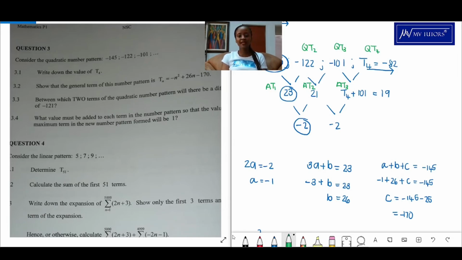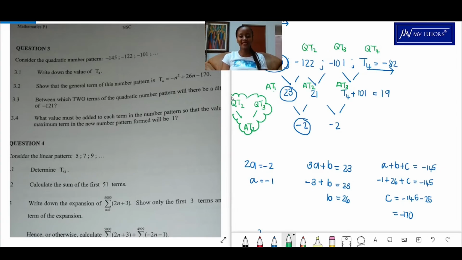So if we're looking for, let's say, the quadratic term 2, it'll be in between the quadratic term 2 and the quadratic term 3. I hope you see the pattern here. So 2 will be in between 2 and 3. If I were to look at 3, that'll be in between T3 and T4. If I were to look at T1, that'll be in between T1 and T2.